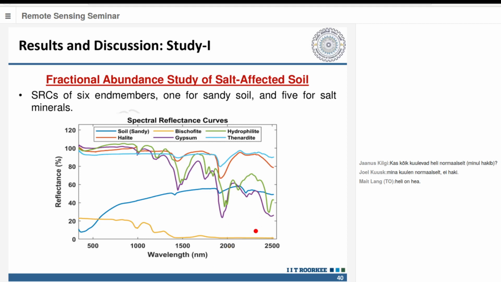Now I will discuss the results and discussion. Starting with study 1, fractional abundances study of salt affected soil. As shown in the figure, these are spectral reflectance curves of 6 endmembers: 1 for sandy soil and 5 for salt minerals.